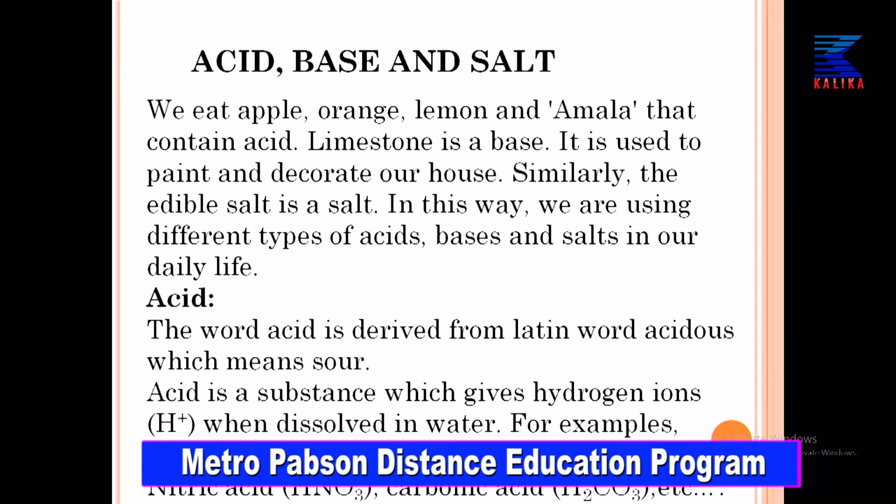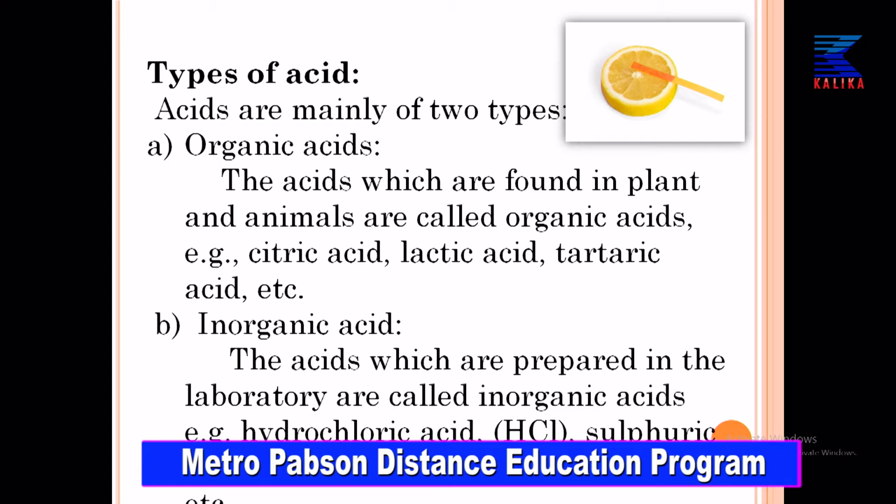I described two points: one, the substances which have a sour taste are considered as acid; similarly, those substances which when dissolved in water must give H plus ion are also termed as acid. Now, in the right corner of the picture, there is a piece of lemon and a yellow paper, that is the indicator; the change of the paper dipped in lemon shows it is acid in color.